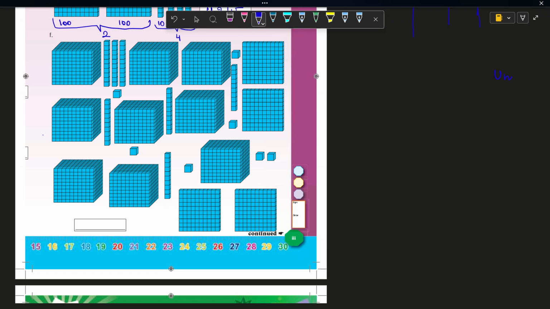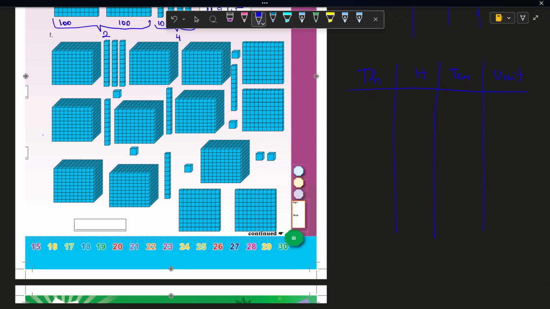Again, I've got a unit, I have a 10, I have 100, then I have 1,000. So I need to group like elements or like objects together, right?